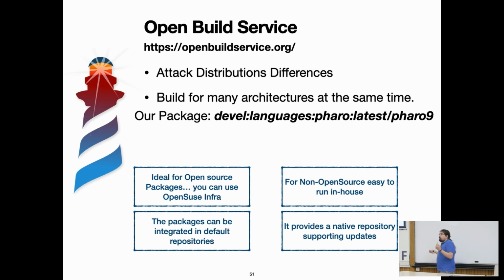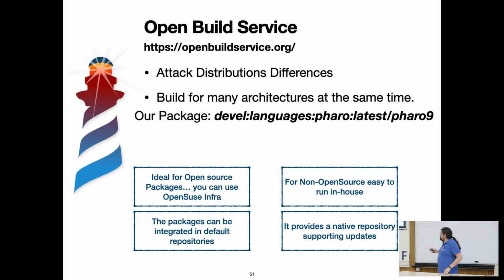So every time we push a new version, the build system will build in all the different distributions, and it will generate a new package, and the user will get a notification saying there is a new version you want to update, as it happens with any other package of the system.